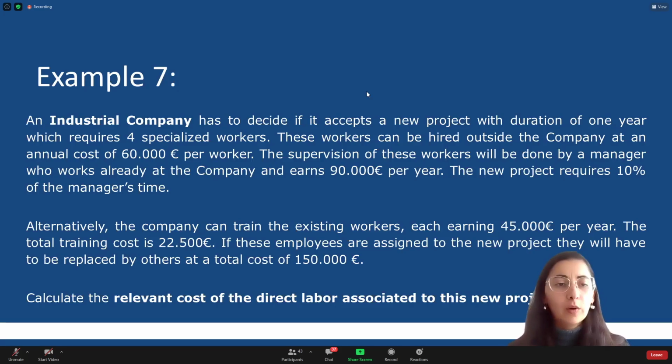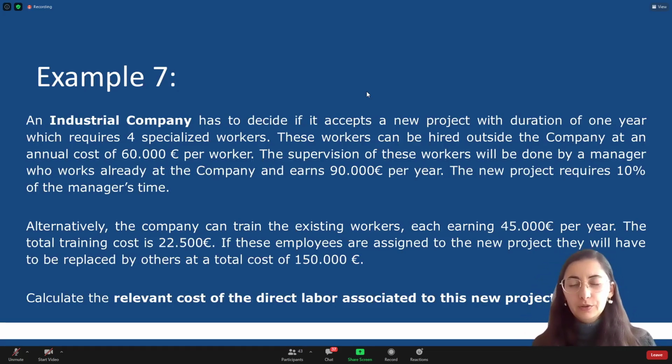The new project requires 10% of the manager's time. Alternatively, the company can train the existing workers, each earning 45,000 per year. The total training cost is 22,500 euros. If these employees are assigned to the new project, they will have to be replaced by others at a total cost of 150,000. So what is the relevant cost with labor on this new project?